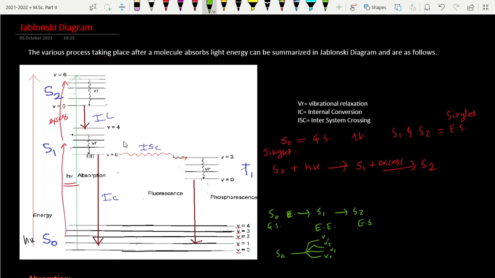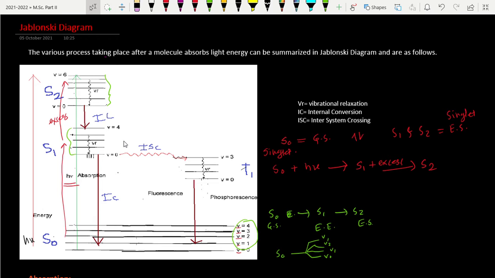These are the vibrational energy levels for each electronic state. When the electrons are excited from the ground state to an excited state, they go through these vibrational levels. With higher absorbed energy they go to a higher excited state, and when the electrons come down, they experience some relaxation among these vibrational energy levels.